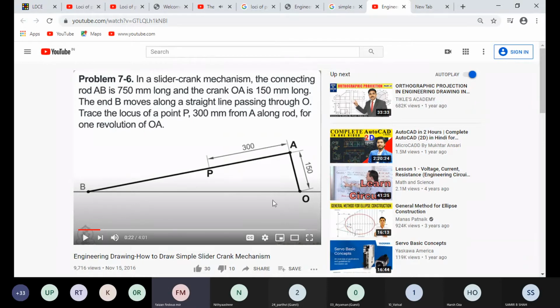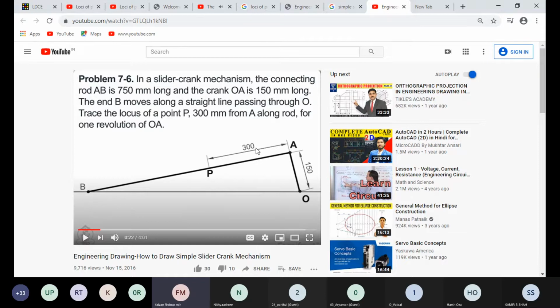It must be on that line through O. So we have to draw one horizontal line and put B where it is connected with O. Trace the locus of point P. We have to find the locus of point P, 300 mm from A. Already we took AB equal to 750, so this may be 3 centimeter, right?